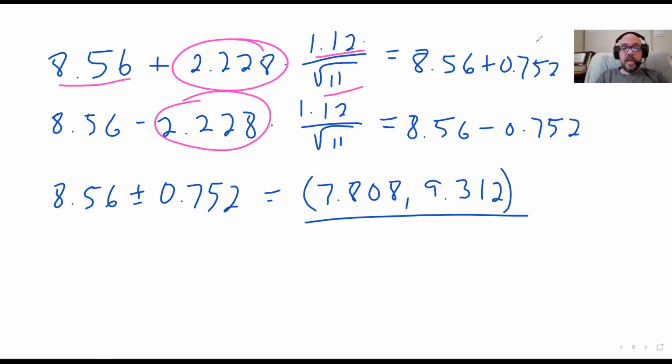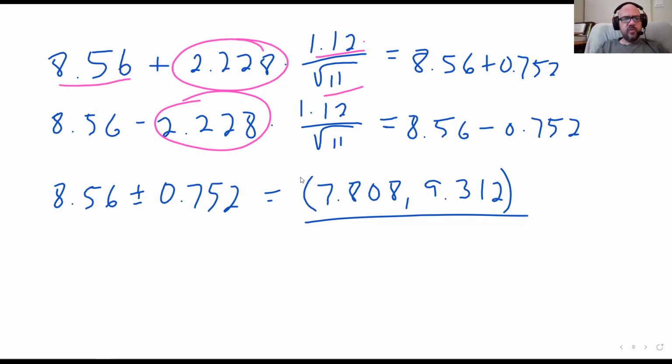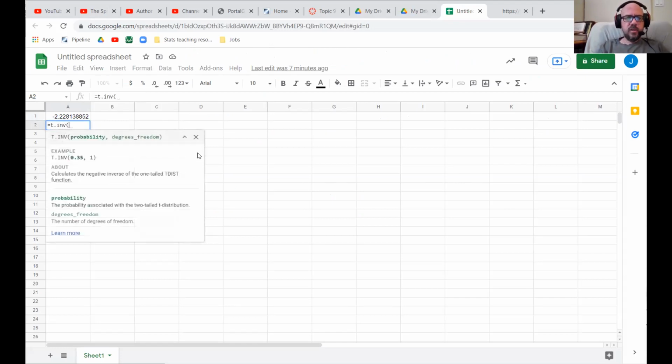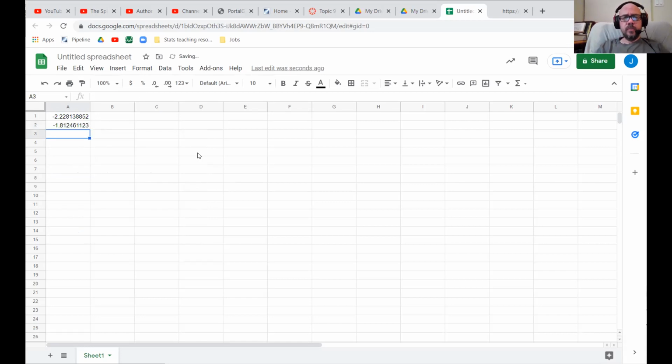So if I wanted to do 90%, let's go back to Sheets. Instead of doing inverse t with 0.025, I would do inverse t with 5%. Right, so for a 90% interval, I would do equals t inverse probability of 5% this time with 10 degrees of freedom. So I would go 1.812 standard errors on either side.